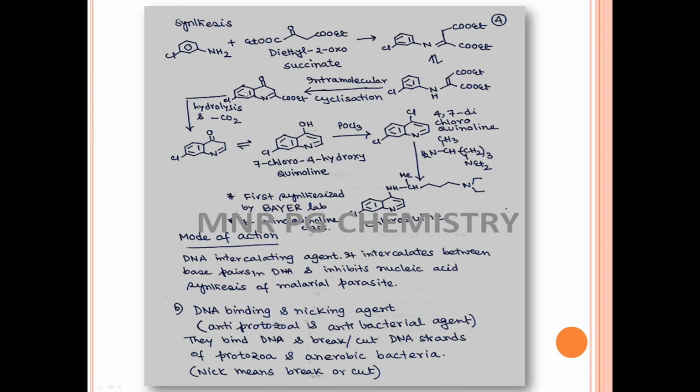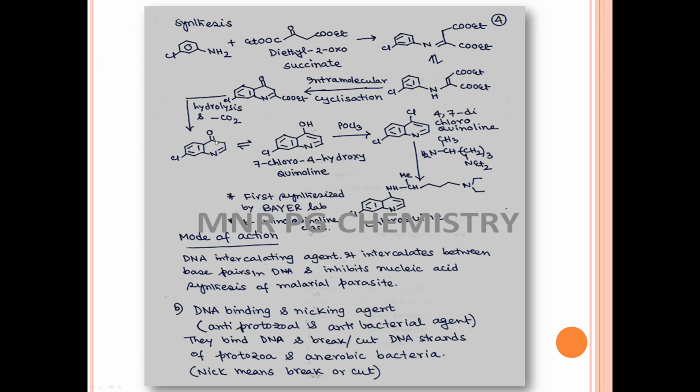We will get the quinolone. Now on hydrolysis of the ester, two things will happen simultaneously. One is hydrolysis, the ester converted into carboxylic acid. At the same time, because of the nitrogen at the next position, thermal decarboxylation will happen. So we will end up with the quinolone moiety.